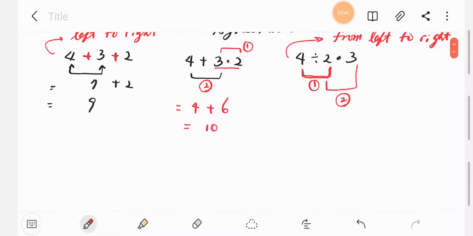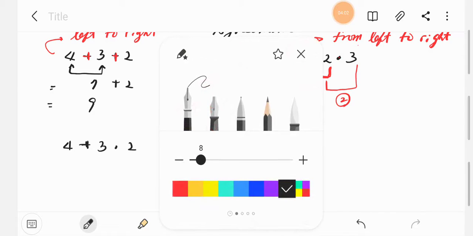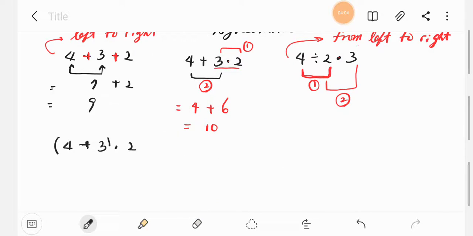What if there are parentheses? So for example, 4 plus 3, multiplied by 2, but with a parenthesis like this. Then do we multiply 3 and 2 first? Actually, no, because since there is a parenthesis, we do the parenthesis first.